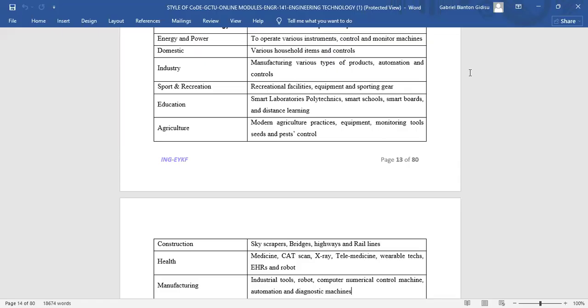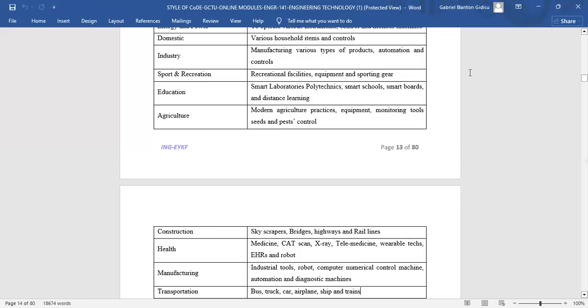We have the wearable technologies. Then we have manufacturing, industrial goods, the new robots that are coming now, computer numerical control machines, and what have you. Then we have transportation: the buses, the electric cars that have come, ship, bullet trains, and what have you.